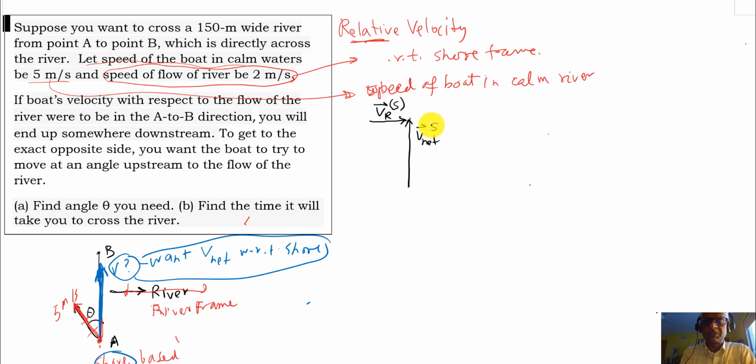V net is with respect to shore, and then this is the direction you have to point, so this will be V of the boat with respect to river, because it's going on the river. So this is the river frame. These little superscripts I have placed refer to the frame.